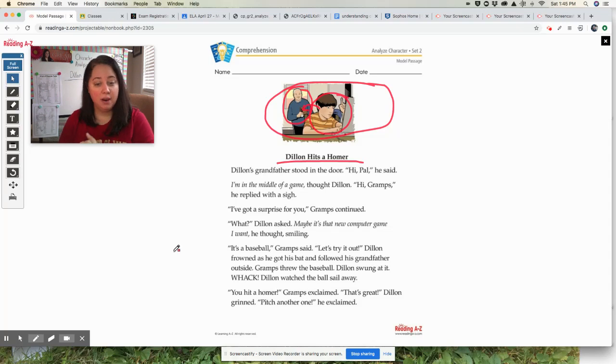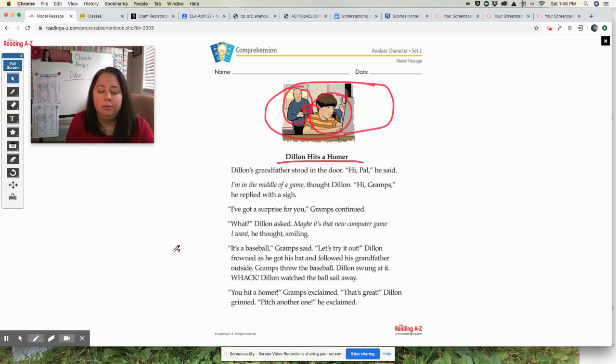Dylan's grandfather stood in the door. "Hi, pal," he said. "I'm in the middle of a game," thought Dylan. "Hi, Gramps," he replied. "I've got a surprise for you," Gramps continued. "What?" Dylan asked. "Maybe it's that new computer game I want," he thought, smiling. "It's a baseball," Gramps said. "Let's try it out."